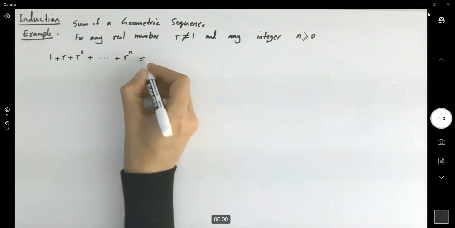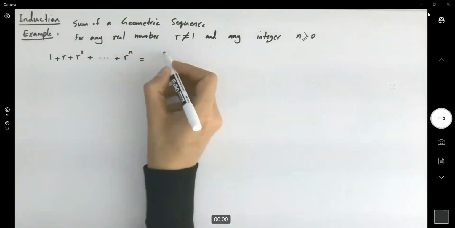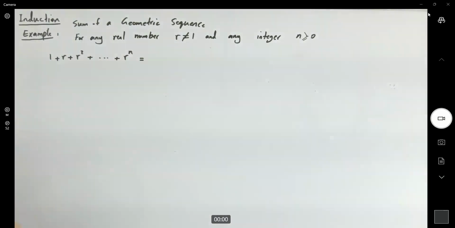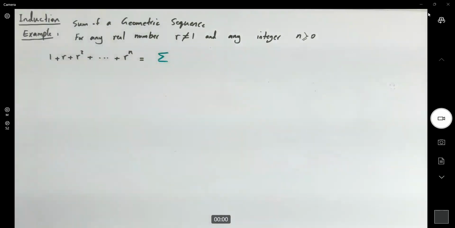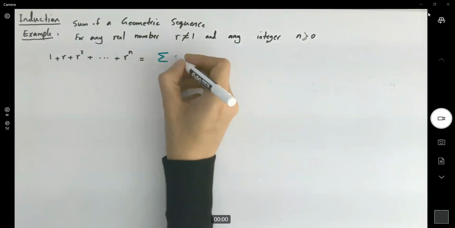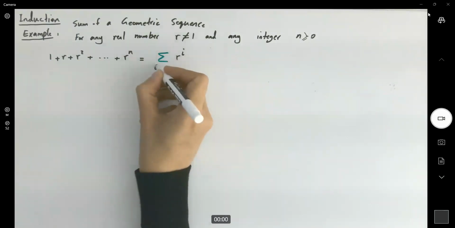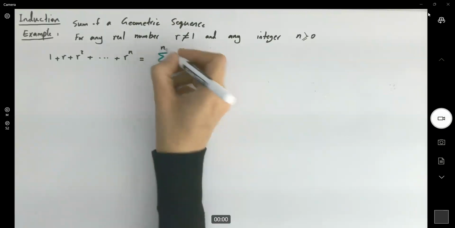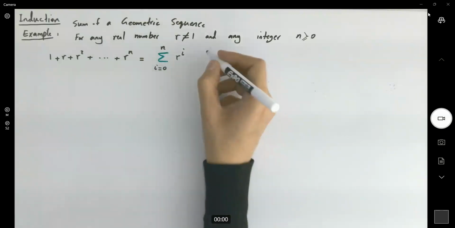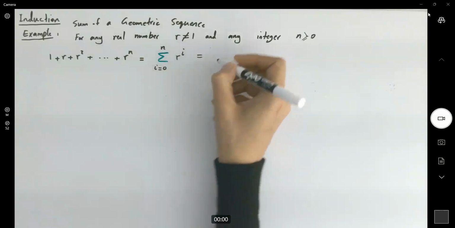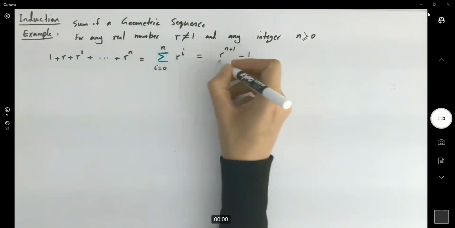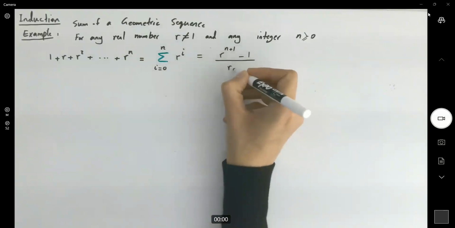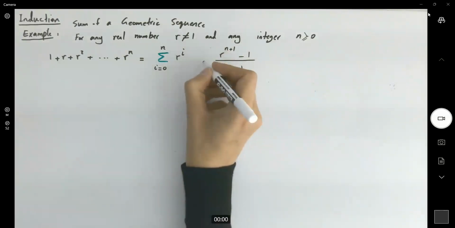Or in another notation, if you take the sum of r to power i, starting from 0 and stopping at n, this sum is equal to r to power n plus 1 minus 1 divided by r minus 1.